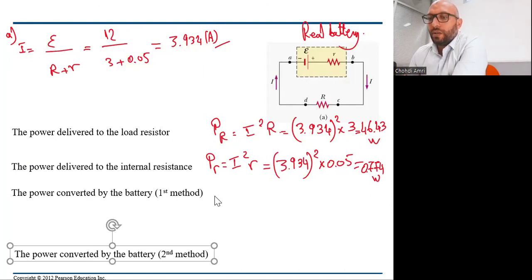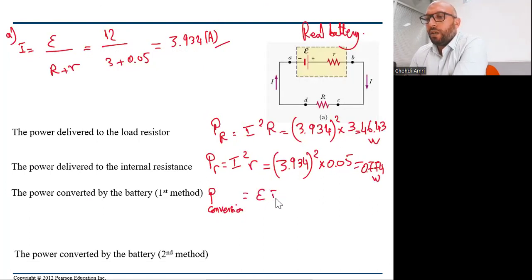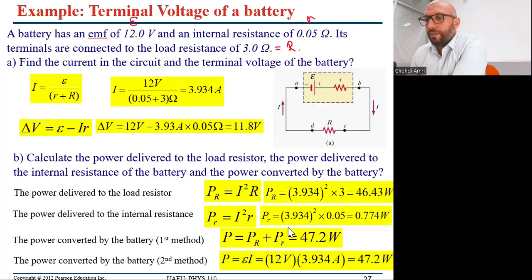Power conversion equals epsilon I. So epsilon is 12 multiplied by 3.934. That's right. We are done. So this is 47.2.